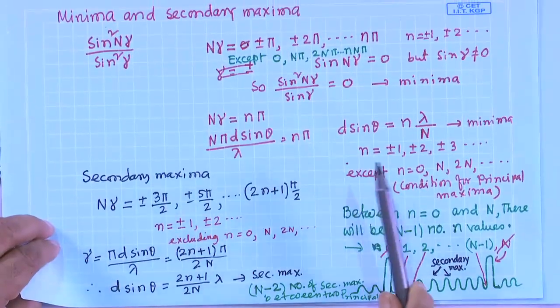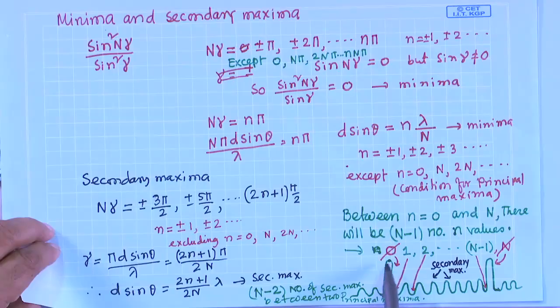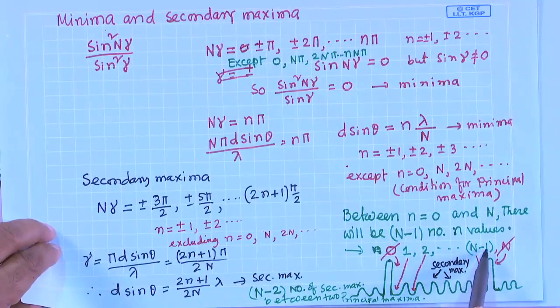in between, so here I have shown these are called the principal maxima, and you are getting pi by N, 2 pi by N, up to N minus 1.